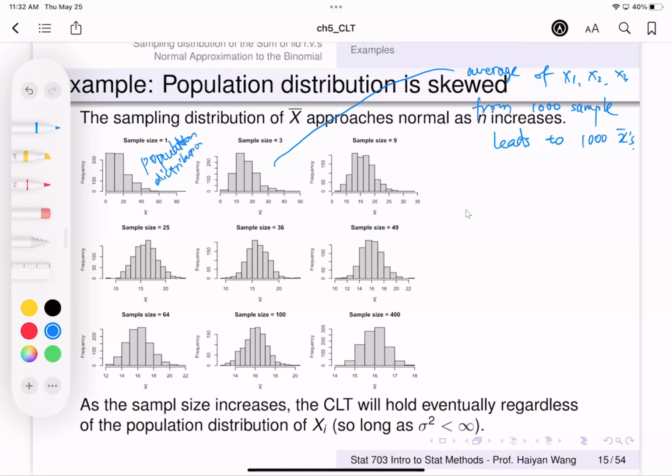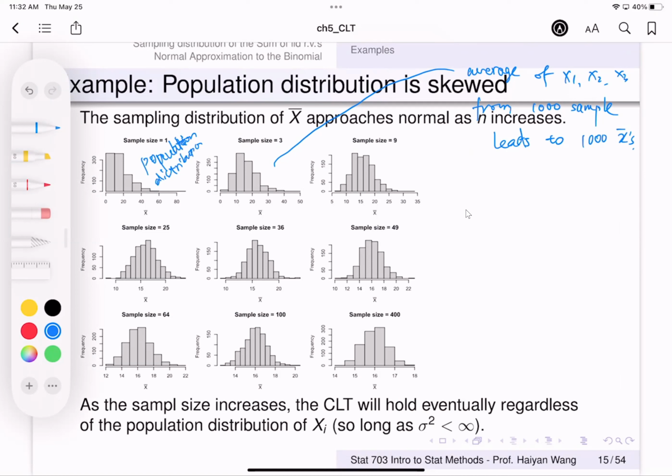With a sample size of 3, as you see, when the population is skewed, taking the average, that distribution is also skewed. When we change the sample size to 9, which means we have x1 through x9, we calculate the average. Repeating this experiment 1,000 times, you calculate the average for each sample and then plot the histogram.